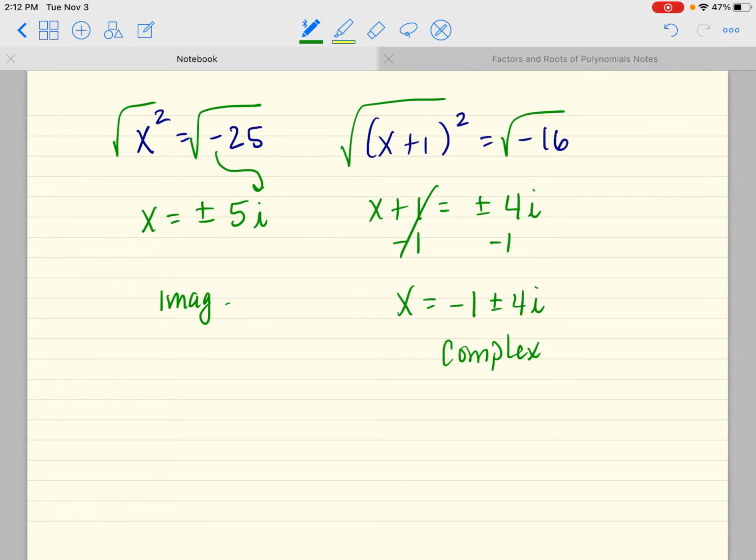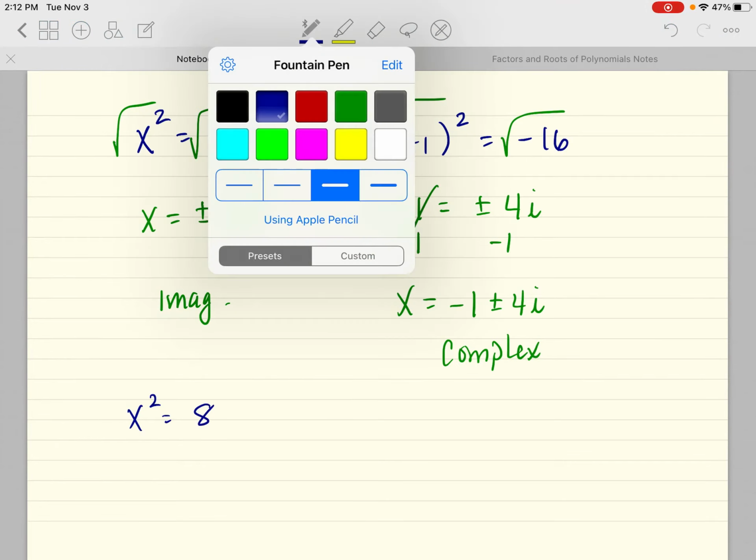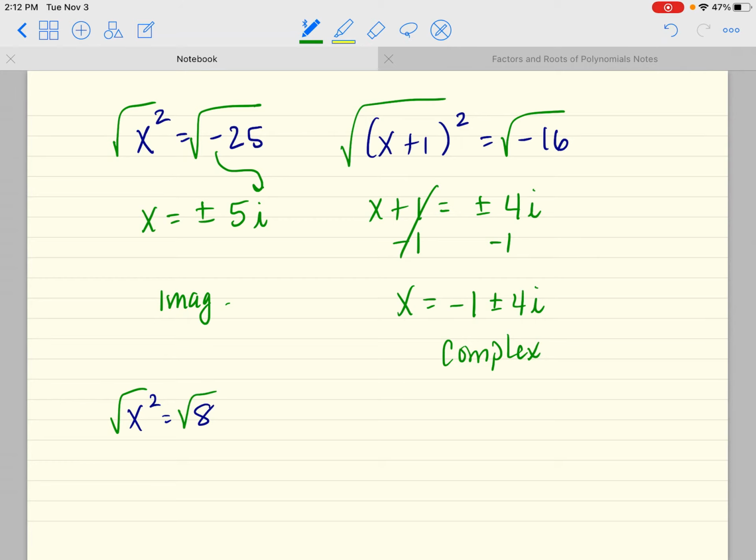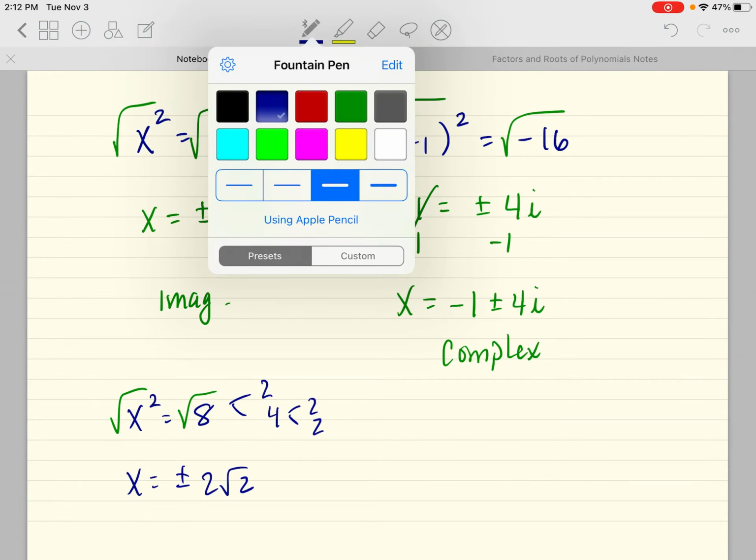And then maybe you get something like x squared equal to 8, where when you go to square root both sides, x is going to equal plus or minus, this breaks down to 2 radical 2.